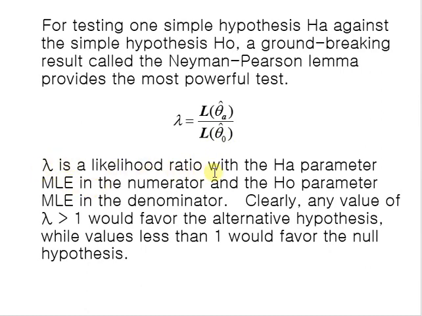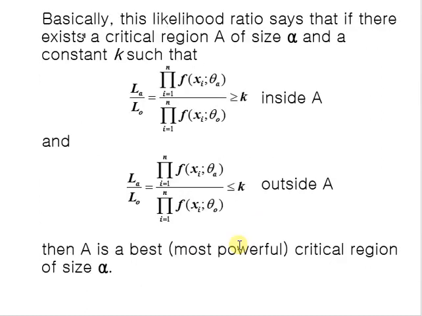Lambda is the likelihood ratio with the alternative parameter MLE in the numerator and the null parameter MLE in the denominator. Clearly, any value of lambda greater than 1 would favor the alternative hypothesis, while values less than 1 would favor the null hypothesis.